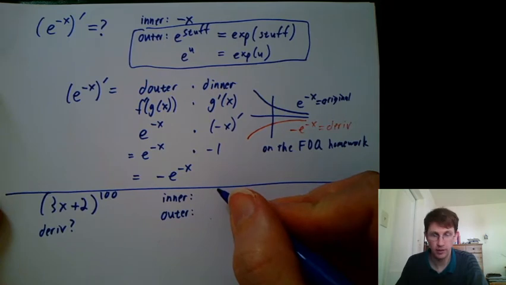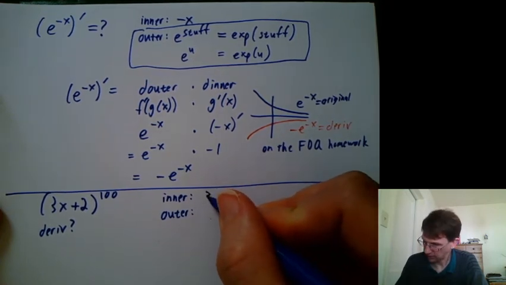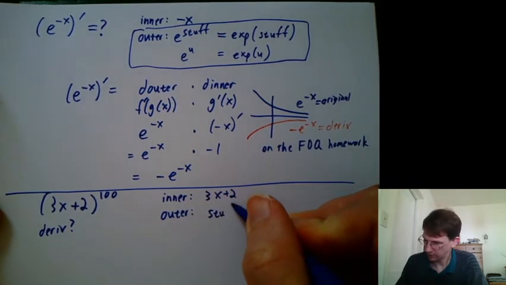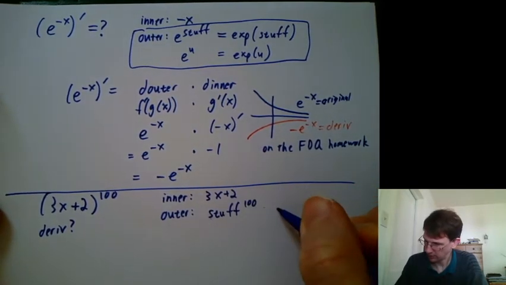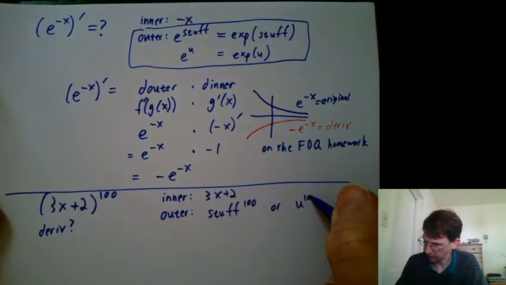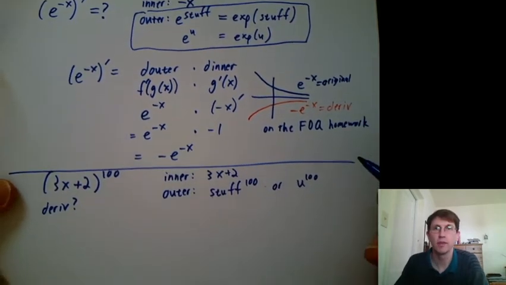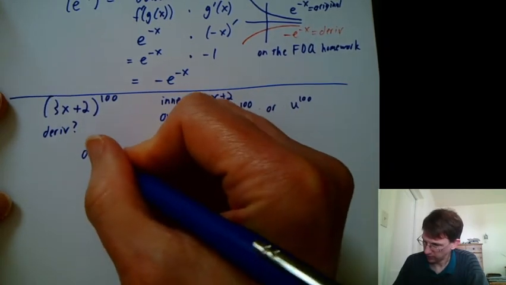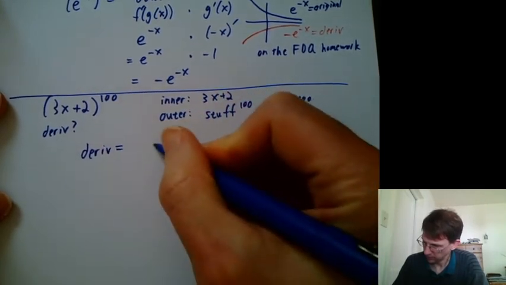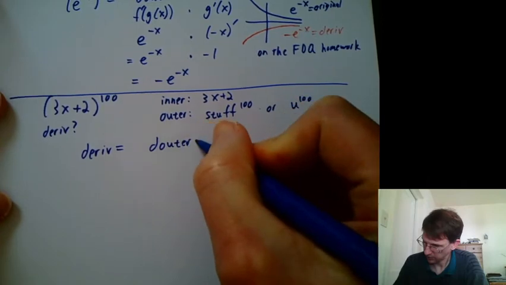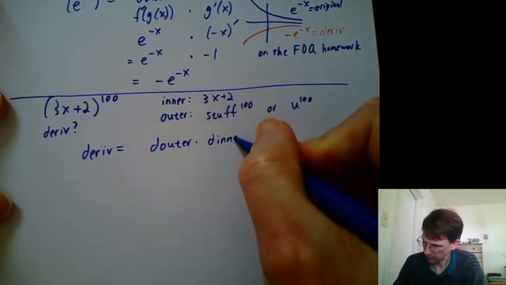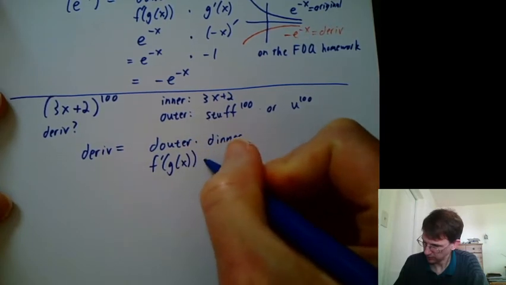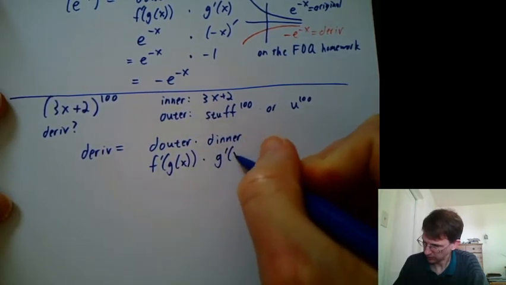Okay, got your guesses written down? So I'd say the inner is 3x plus 2, and the outer is stuff to the 100. Or if you want to be formal, u to the 100. Okay, so then the derivative would be d outer times d inner, or f prime of g of x times g prime of x.